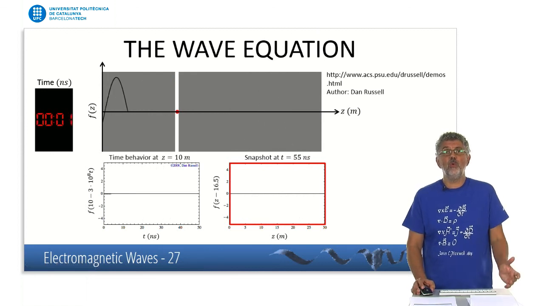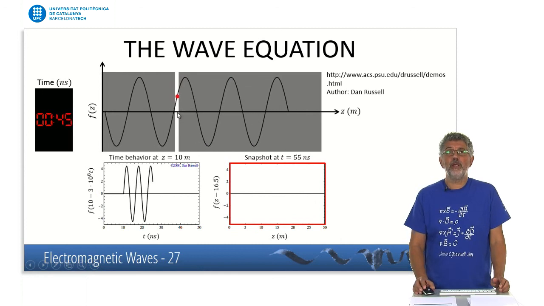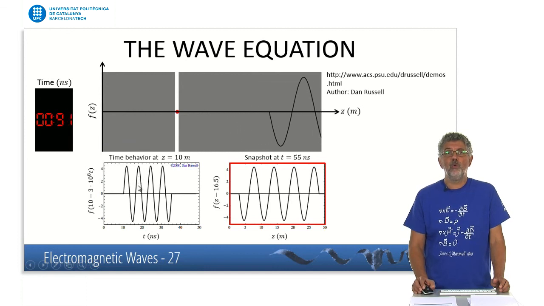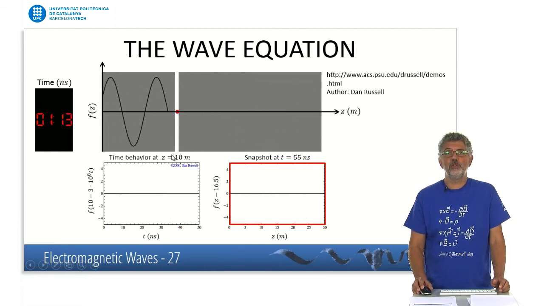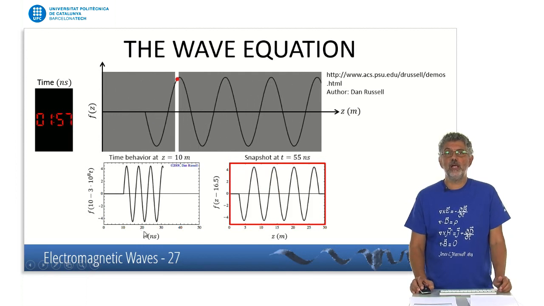Now, of course, we are not always able to do this sort of nice animation, so usually when we plot a wave, we can do two things. Plot the field variation in a given place. Imagine this coordinate here, and this is the plot we have here. We are plotting, at a given position, z equal to 10 meters, how the field changes along time.